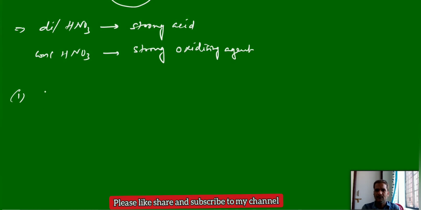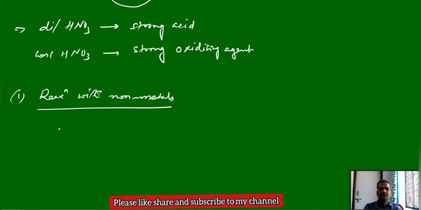So first one, reaction with non-metals. All these chemical properties are very, very important for nitric acid. Reaction with non-metals. Let us take non-metals here: sulfur, iodine, phosphorus, carbon, very important, mostly given in the NCERT. Those examples we will take up here.